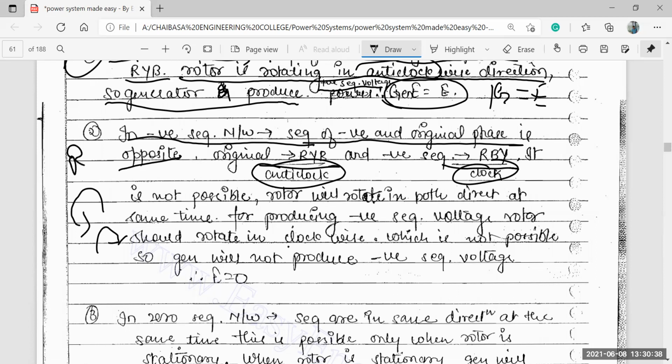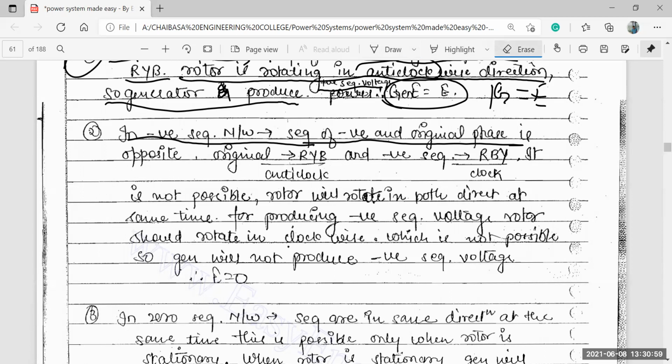If you write R Y B and R B Y, it will be opposite. In positive it is the same R Y B, in anti-clockwise and clockwise direction.